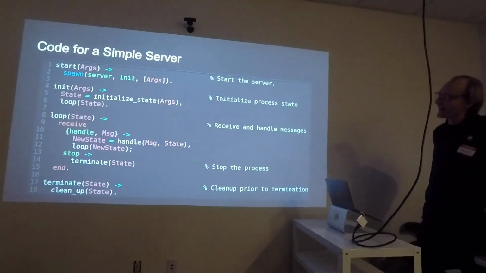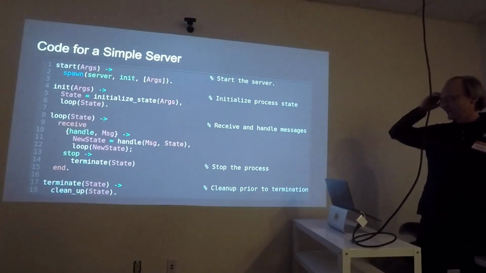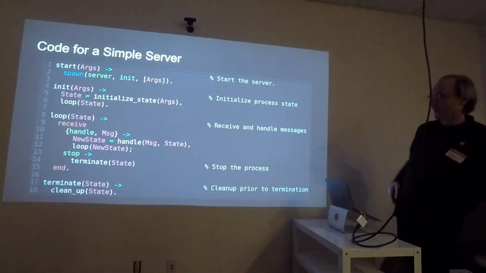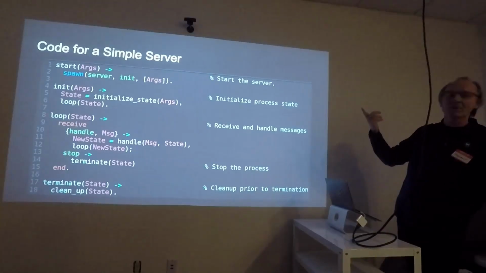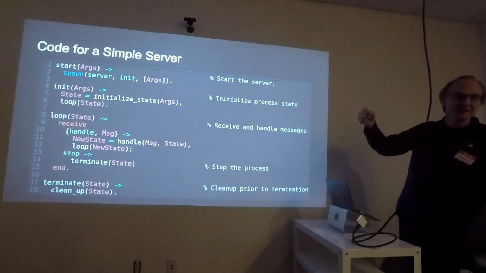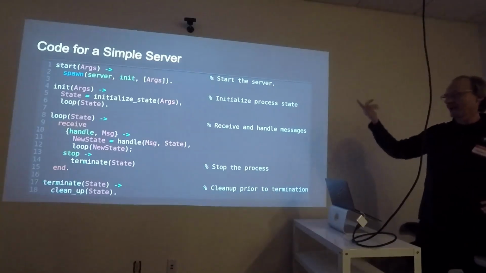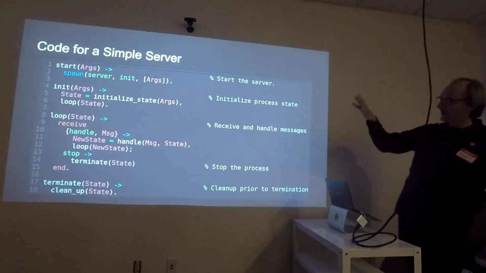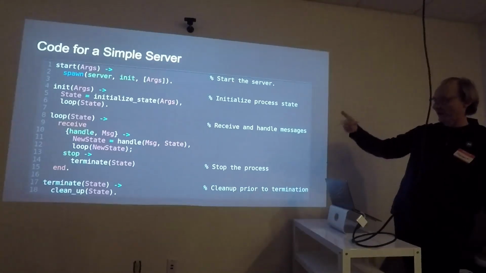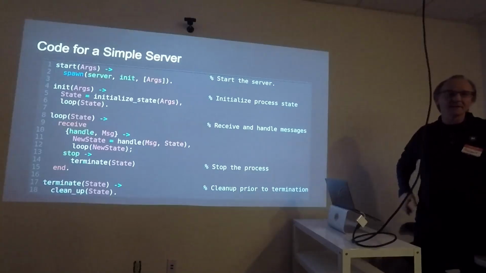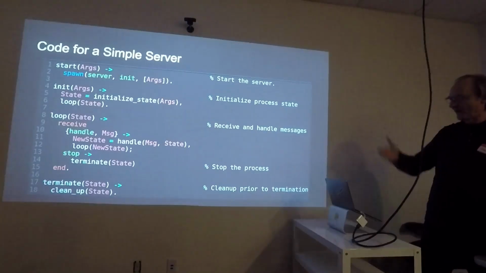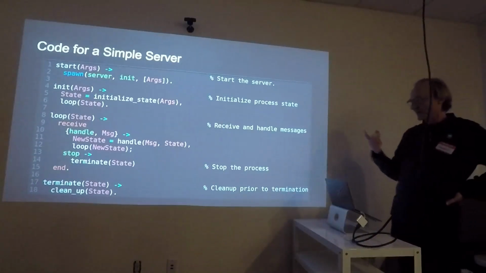Exactly. Okay, and this is just like the main things. The init or initialization would somehow use the arguments to establish the state of the server. The arguments might be a name of a file. It might be anything, of course. But then the init function ends by calling the loop and passing the state into the loop. And that's where we then spend all the time. And then the loop is just basically receiving some handle and a message.